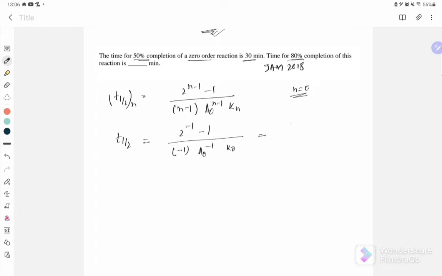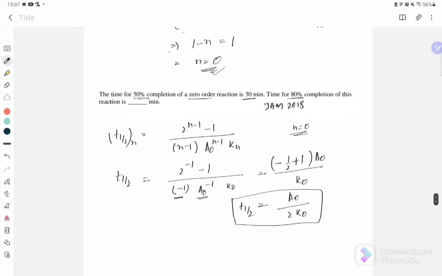The lower minus makes it go upside, so a0 and the 2 to the minus 1 is half, so that is a0 by 2 k0, that is t half.